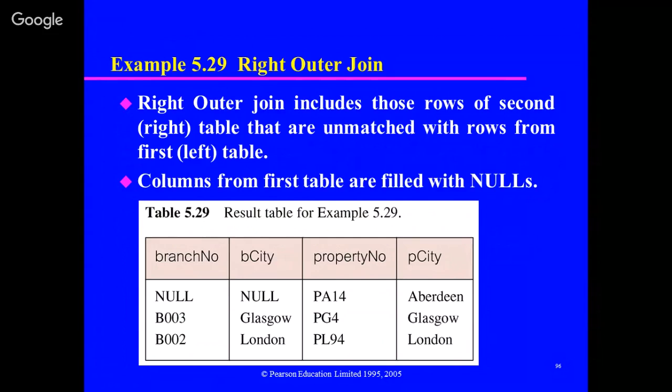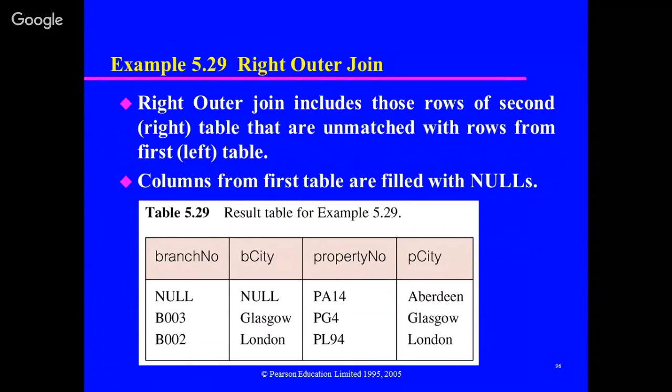This is called a right join, the right outer join, because every row from the right hand side table, which is property in this particular case, will show up in the output. And if there are no matching rows in the left hand side, it will just pad them up with null values.